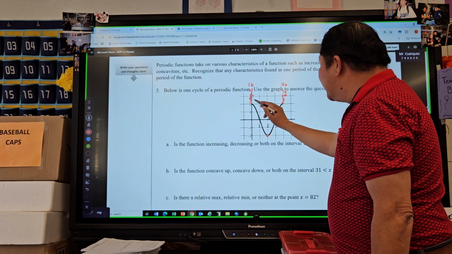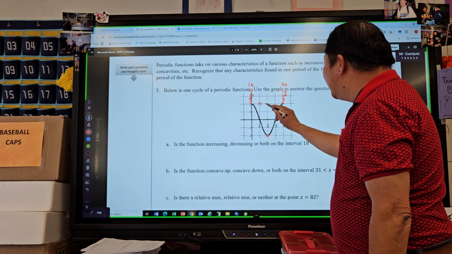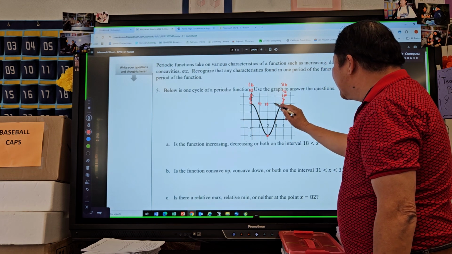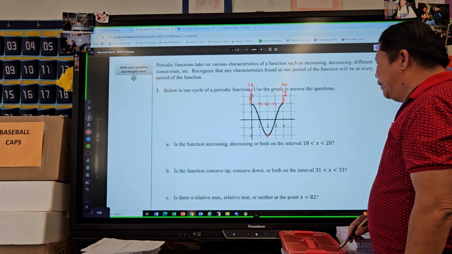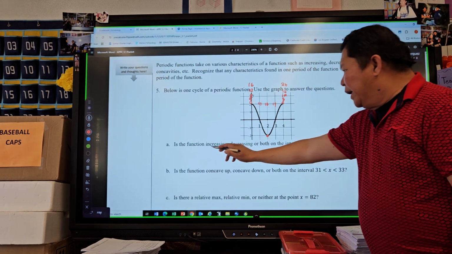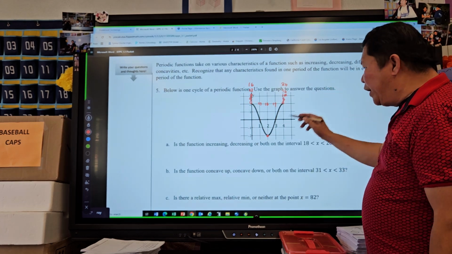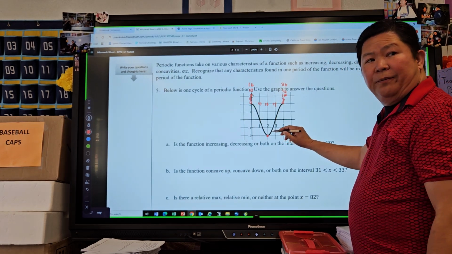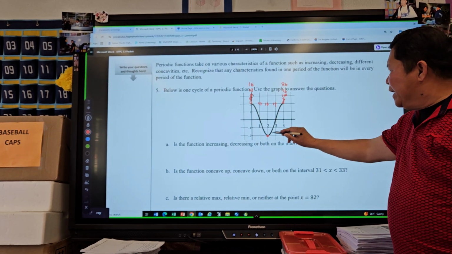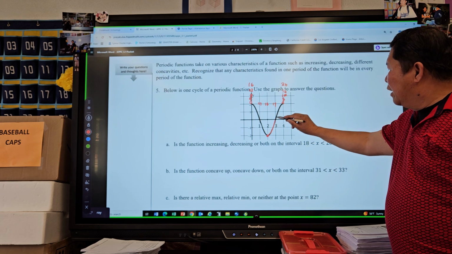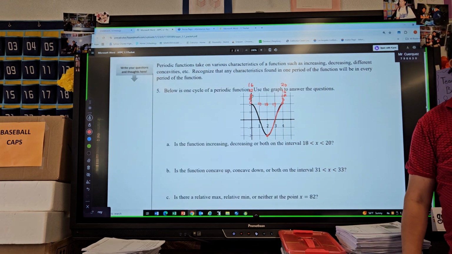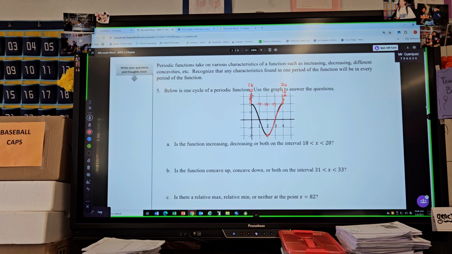If this is 16, this is 17, this is 18, this is 19, and then 20. Is the function increasing from 18 to 20? Look at the graph from 18 to 20. Is the function increasing or decreasing? Increasing. It's an increasing function.